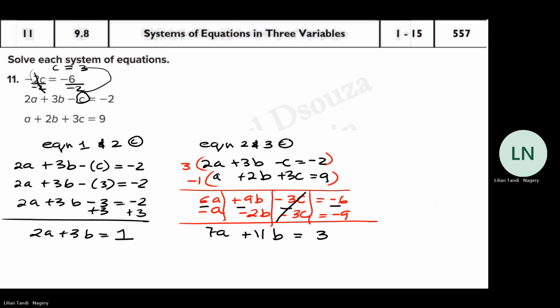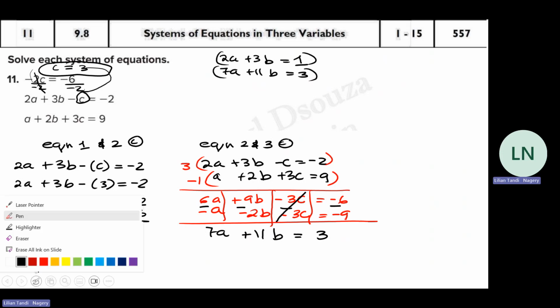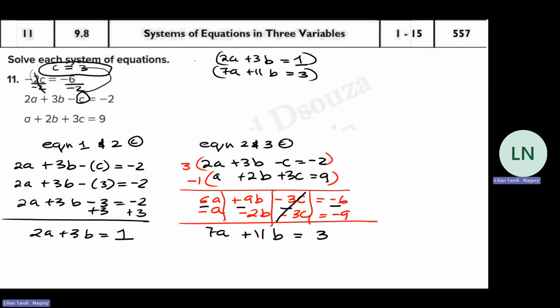Already found C over here. Okay. All right. So now I can eliminate A because it has the smallest variables. So I'm going to write here 2A plus 3B equals 1. 7A plus 11B equals 3.